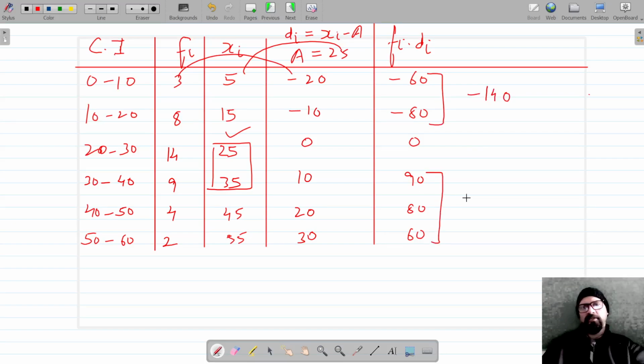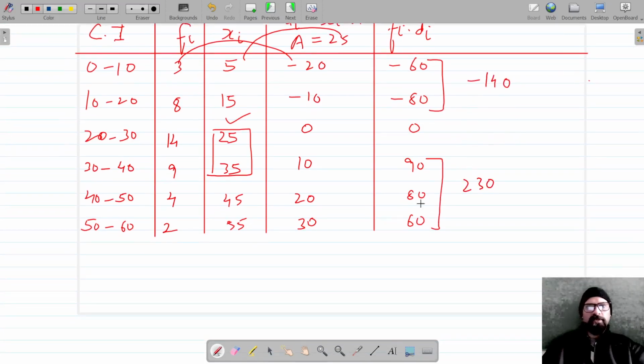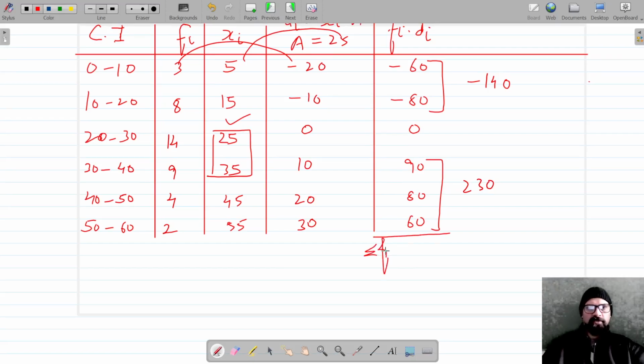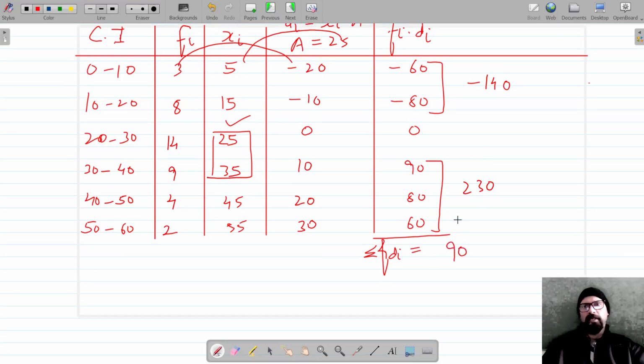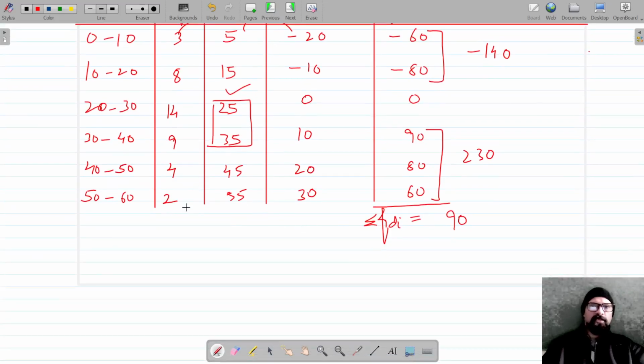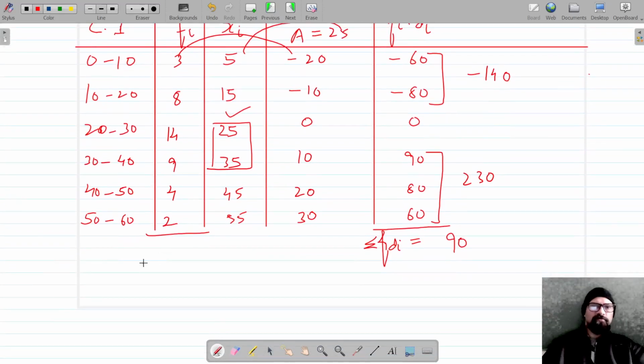This is 230. And let's add them. So 230 minus 140. That is the summation of this column, which is sigma Fi into Di. So 230 minus 140 is 90. So this is 90.